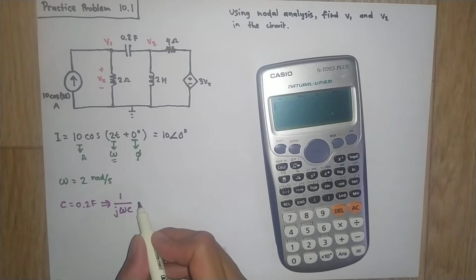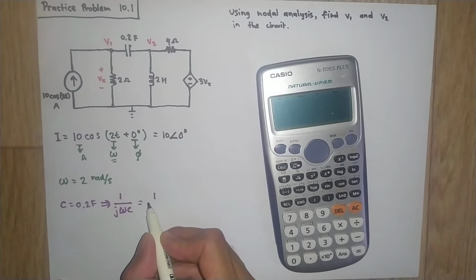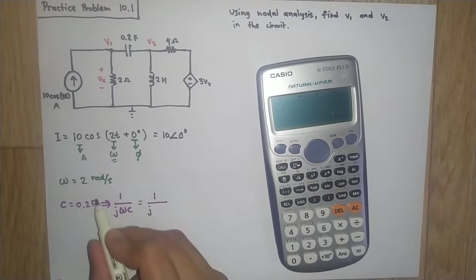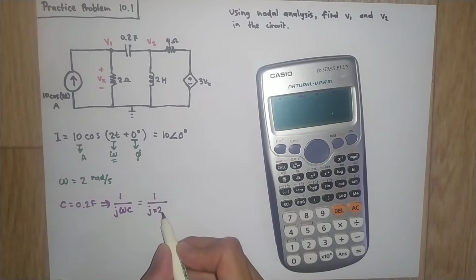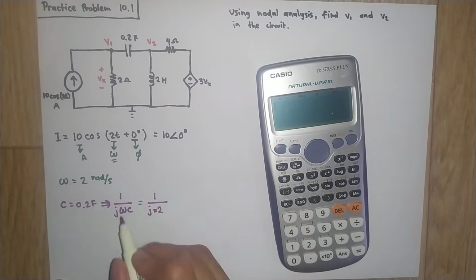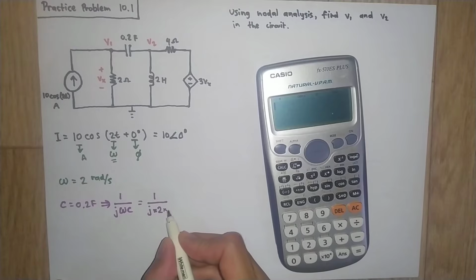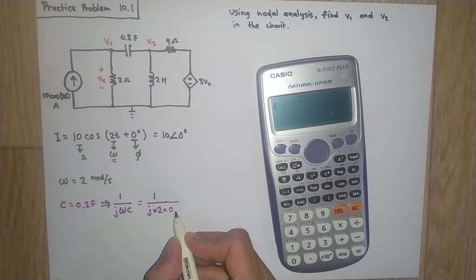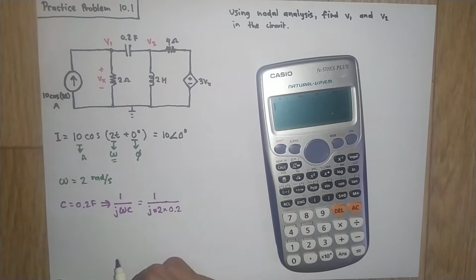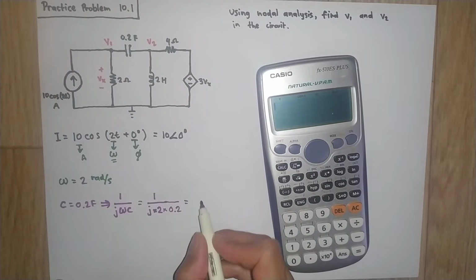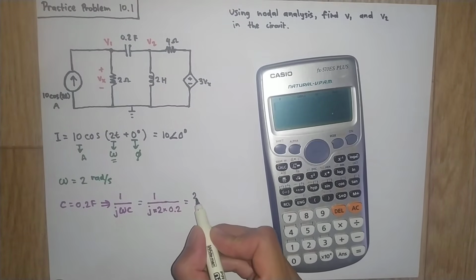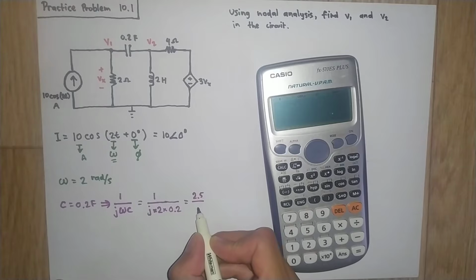So we have 1 over j times 2 times 0.2, and that makes 2.5 over j.